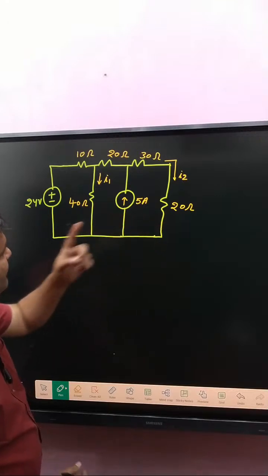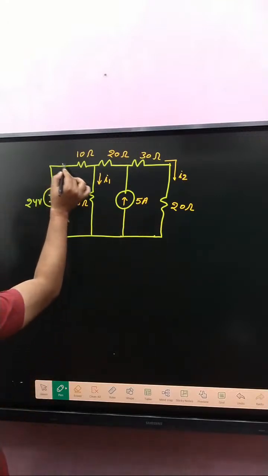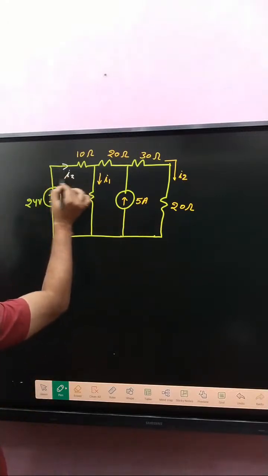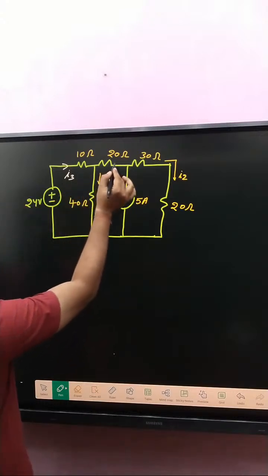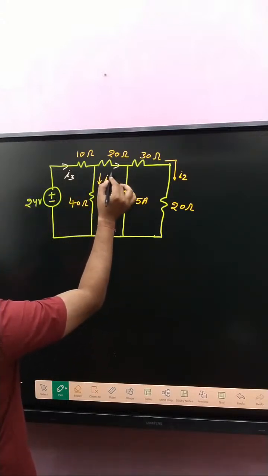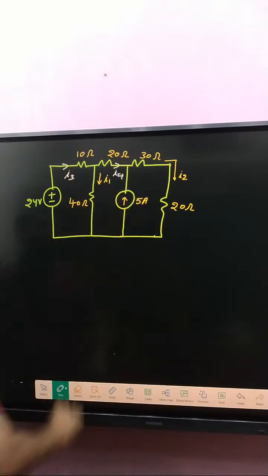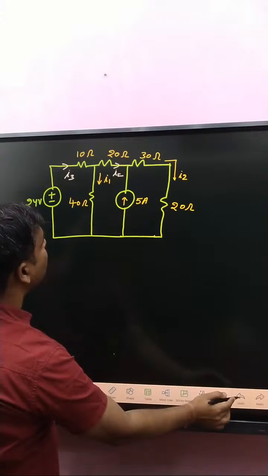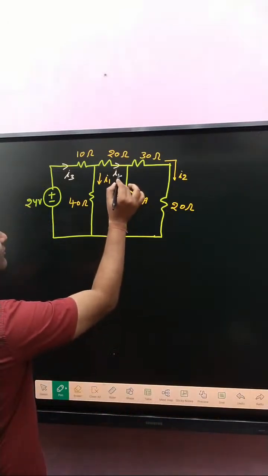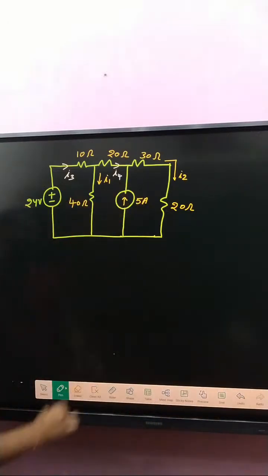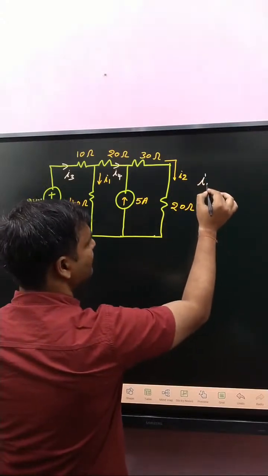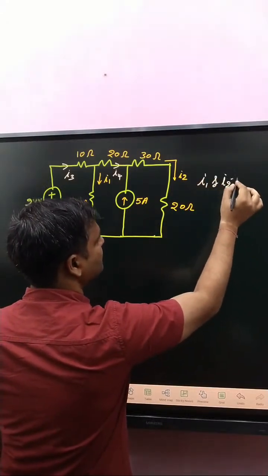That branch current is given. But that branch is not given, so we have considered it as I3. And that other branch is not given, so we have assumed it as I4. Clear? Our motto is to focus on I1 and I2.